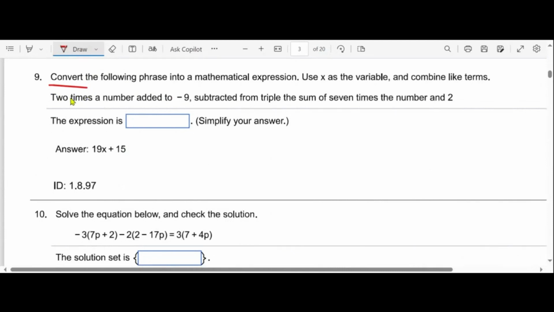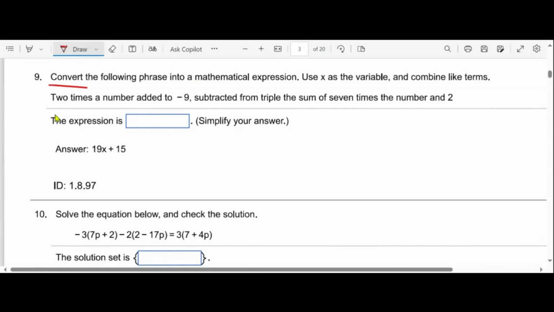Convert the following phrase into a mathematical expression.